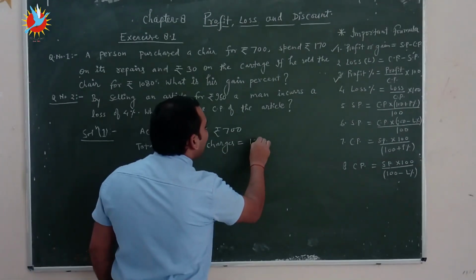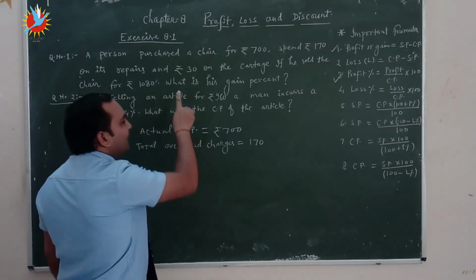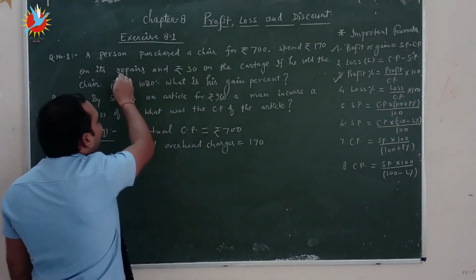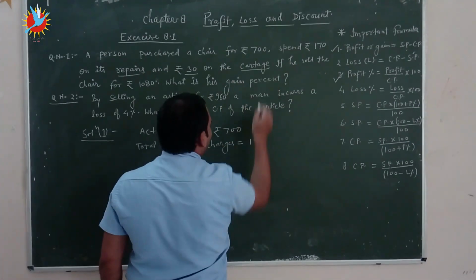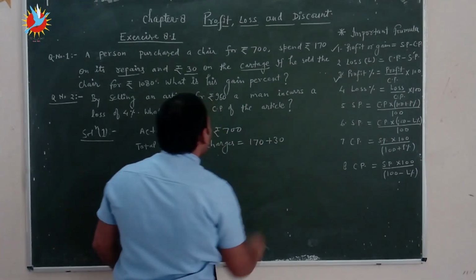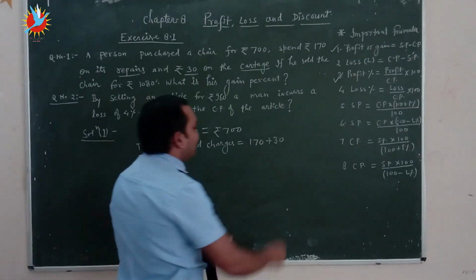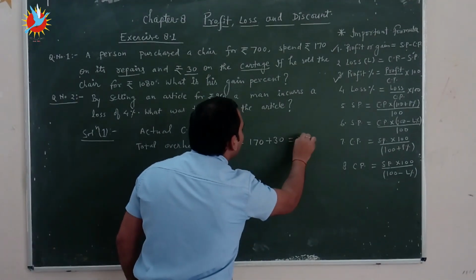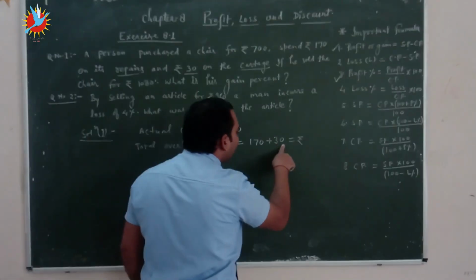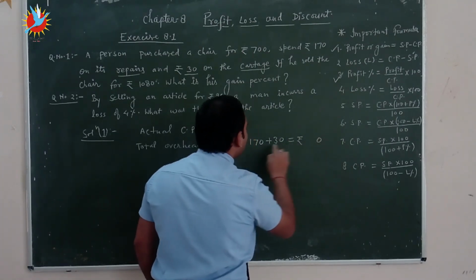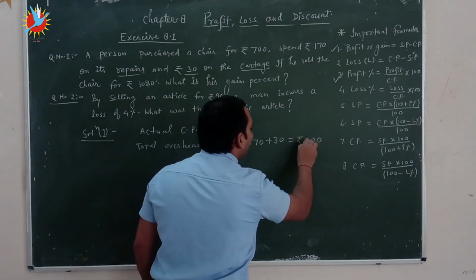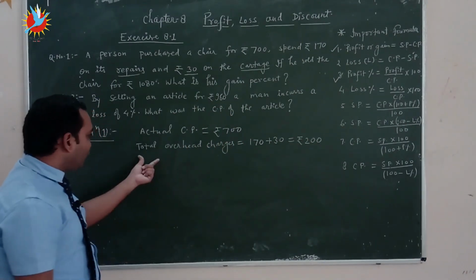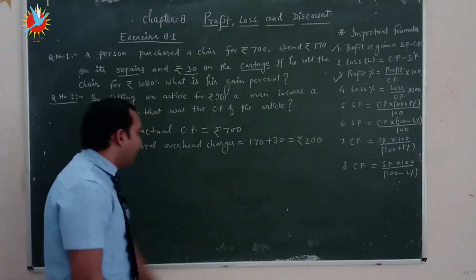So 170 rupees he spent on the repairs and 30 rupees on the cartage, so plus 30 rupees. So total overhead charges will be rupees 170 plus 30: 0, 7 plus 3 is 10, 1 and 1 carry 2, so 200 rupees. So total overhead charge is 200.